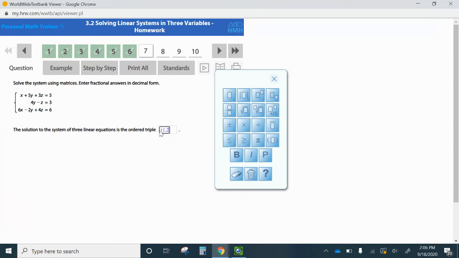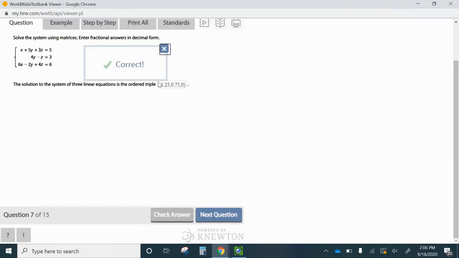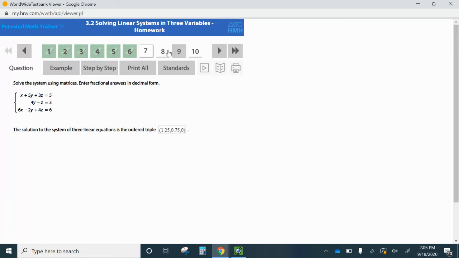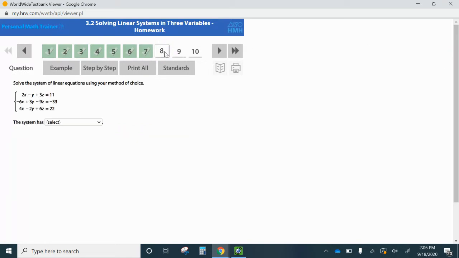All right, 8. Solve this using your method of choice. Now the option shows us that it's either one solution, infinite solutions, or no solution. So let's just go ahead and work this. Let me write it down.